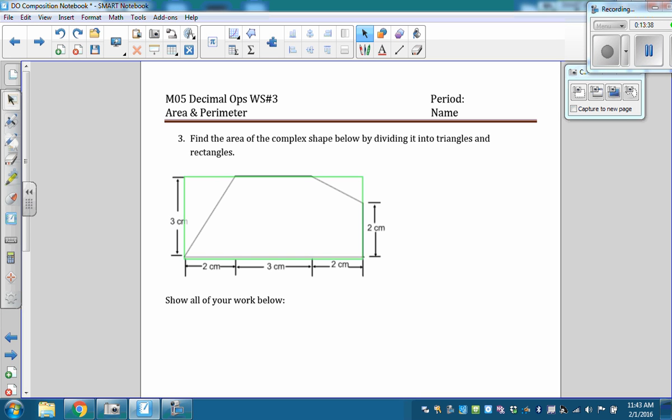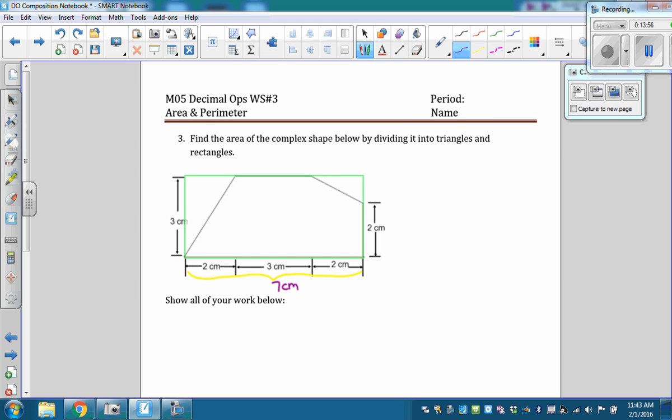And when I look at this picture, I can add all of these numbers here. 2 plus 3 plus 2 is 7 centimeters.